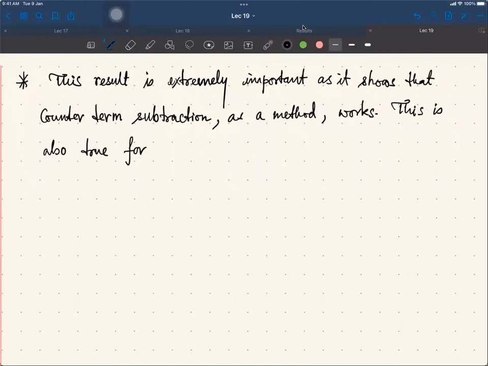This method works, and it's also true for non-renormalizable theories.